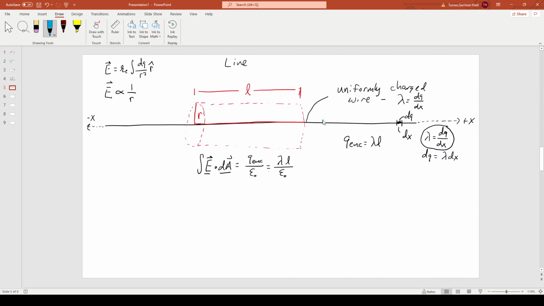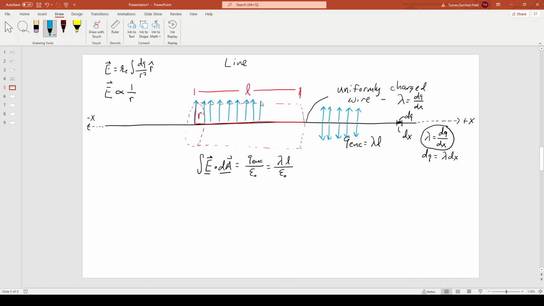The electric field lines are going to be uniform, coming off of the wire like this, and down like this, right? And since these are going to be uniform, they're going to pierce the surface with the same strength all along this length.